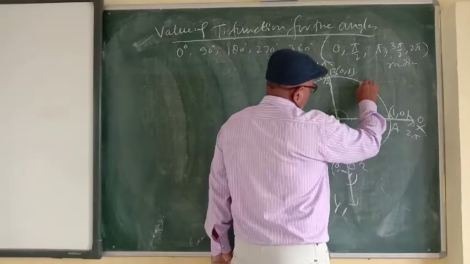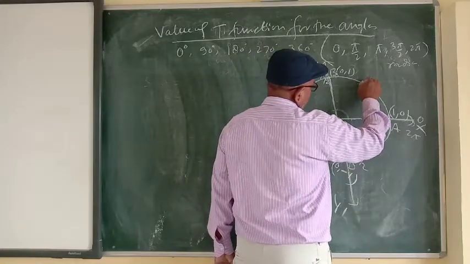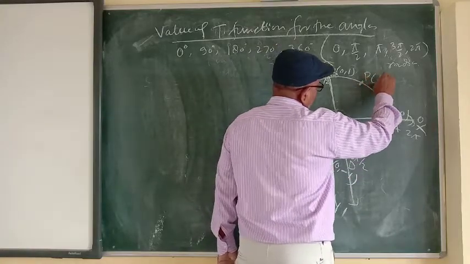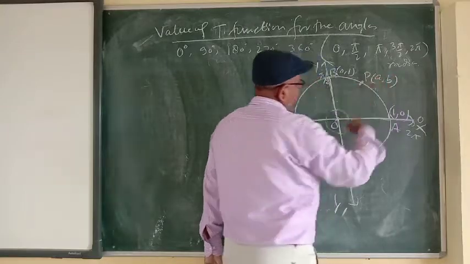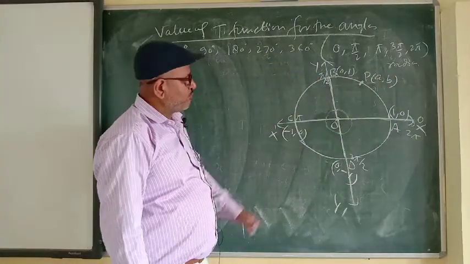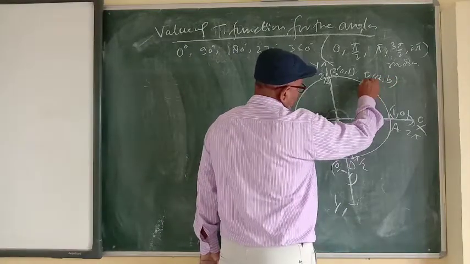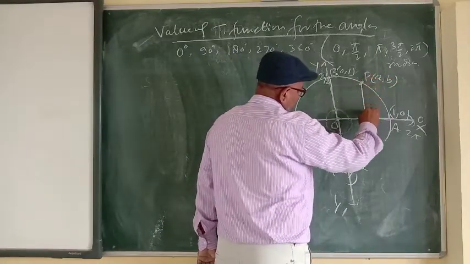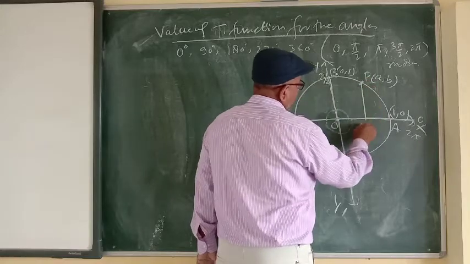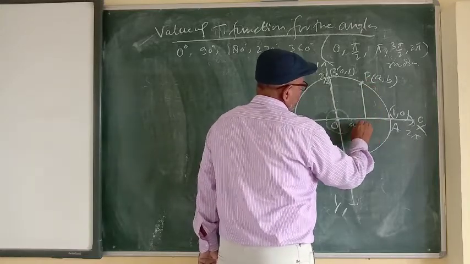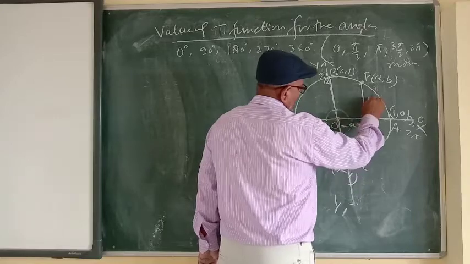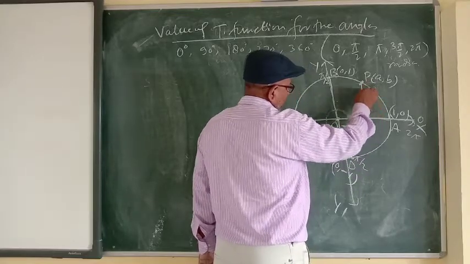Now let us take one point P on this circle. Suppose its coordinate is (a, b). So draw the perpendicular from P. This distance will be a, and here will be b.